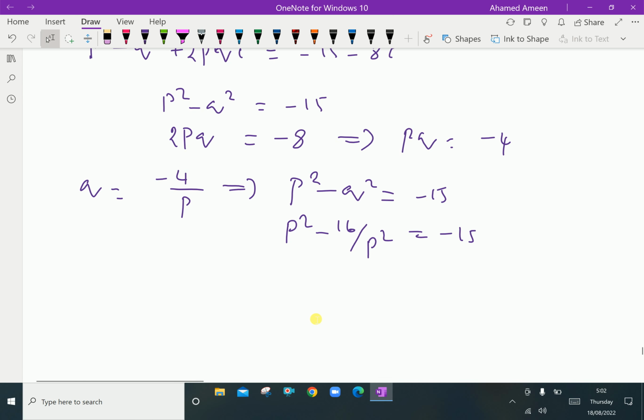From that, simplifying, we have p to the power 4 plus 15 p squared minus 16 equals 0. It's a quadratic in terms of p squared.